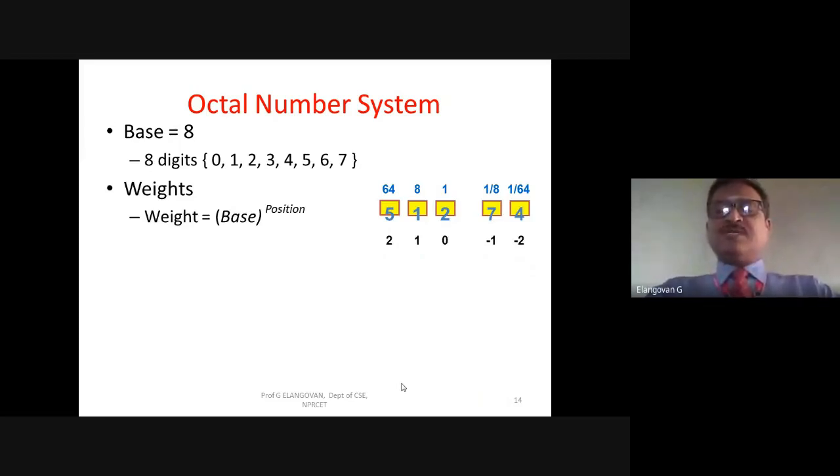So the positional value of 2 is 8 power 0, which is 1, the positional value of 1 is 8 power 1, which is 8, and the positional value of 5 is 8 power 2, which is 64. Similarly, to the right of the decimal point, 7 is at 8 power minus 1, so 1 by 8, and 4 is at 8 power minus 2, that is 1 by 64.